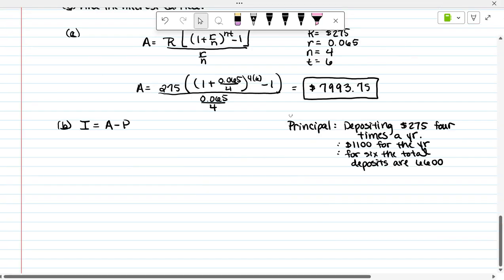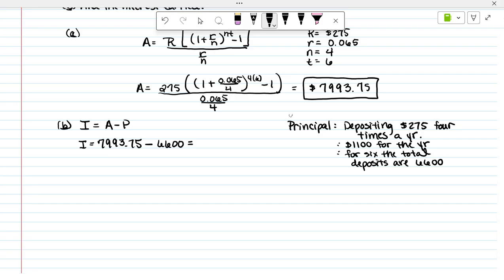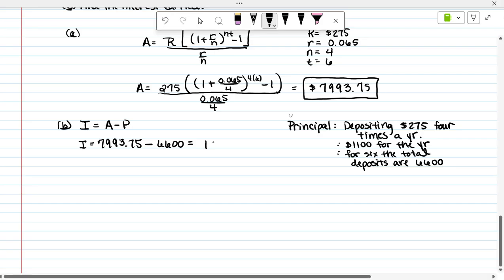Okay, so I say that my I equals $7,993.75 minus the $6,600, which gives me only $1,393.75 in interest for those 6 years.